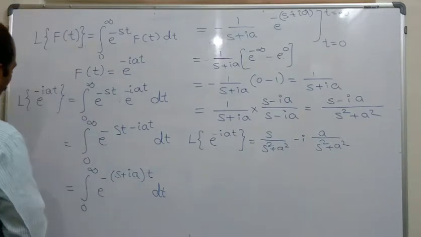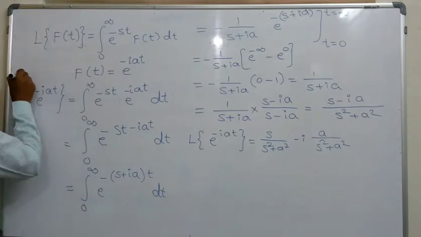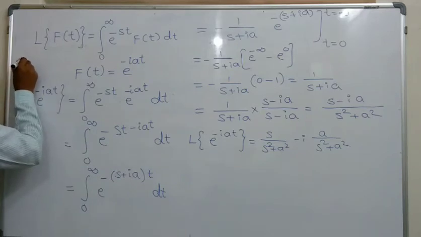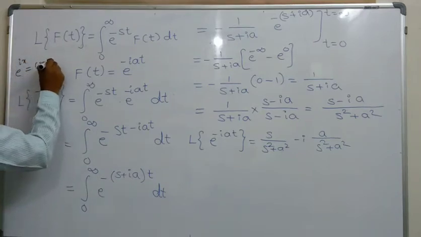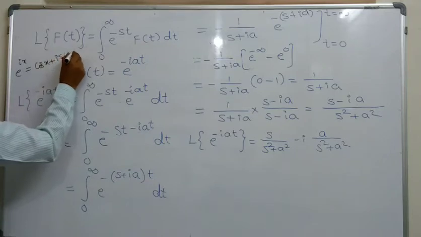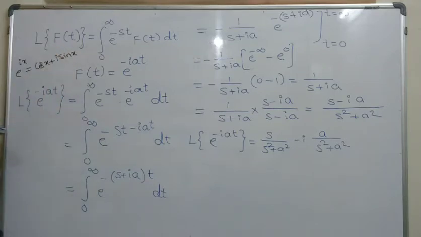We know the Euler's formula, e power ix is equals to cos x plus i sin x.